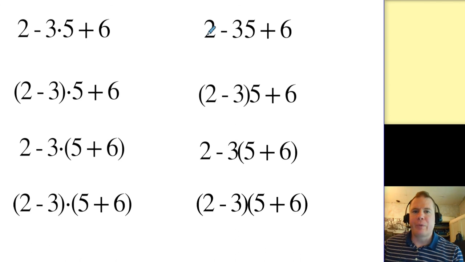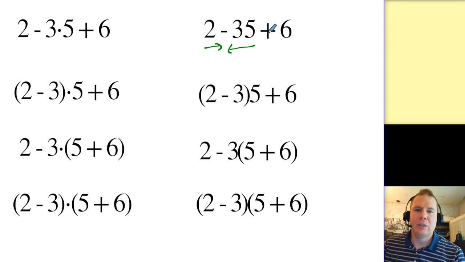Well, this one's probably the most straightforward. A 3 next to a 5 means a 2-digit number, 35. So I have 2 positive, minus 35, that's negative. 6 is positive. So I'm going to say the 2 and the 6 are both positive, that's 8. 8 forward, 35 backwards.